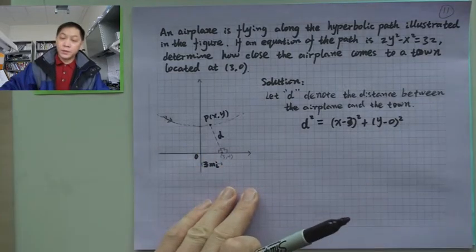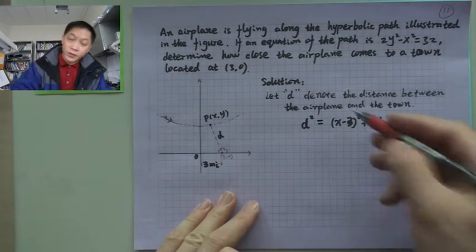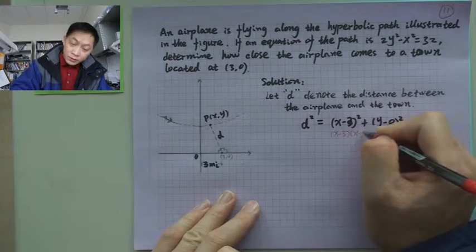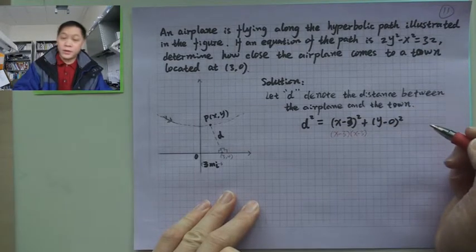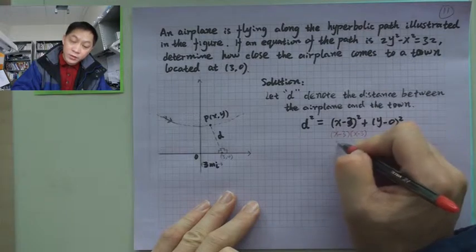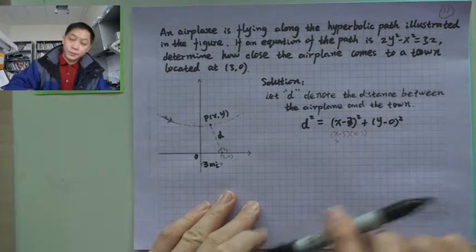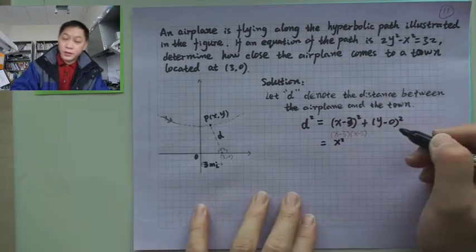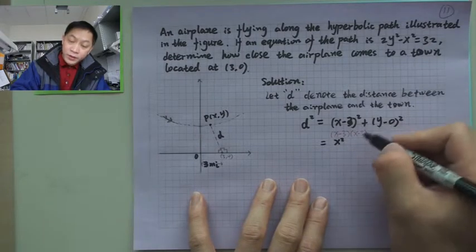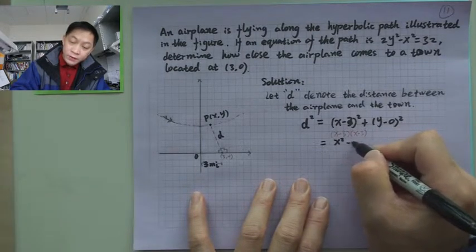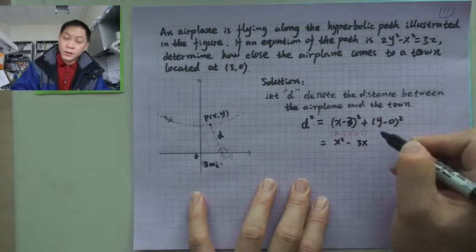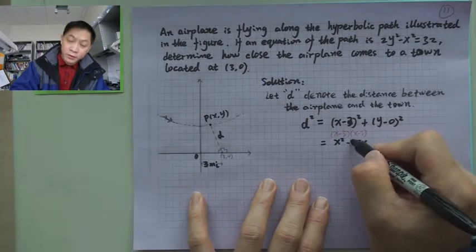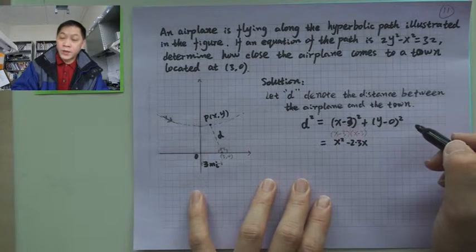Now we have to FOIL this (x minus 3) squared. x times x is x squared, x times negative 3 is negative 3x, and negative 3 times x is another negative 3x, so you have negative 6x.